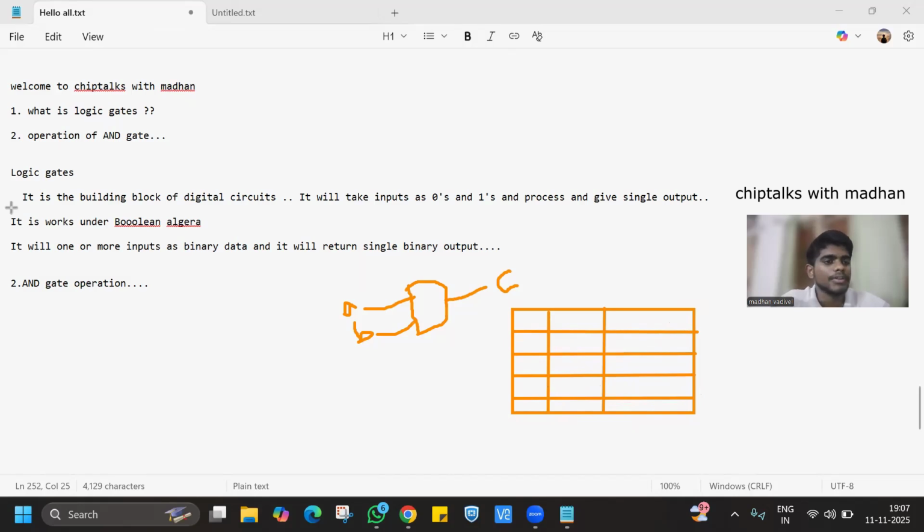Two inputs. The first one is 0, 0, and the output is 0. The second one is 0, 1.